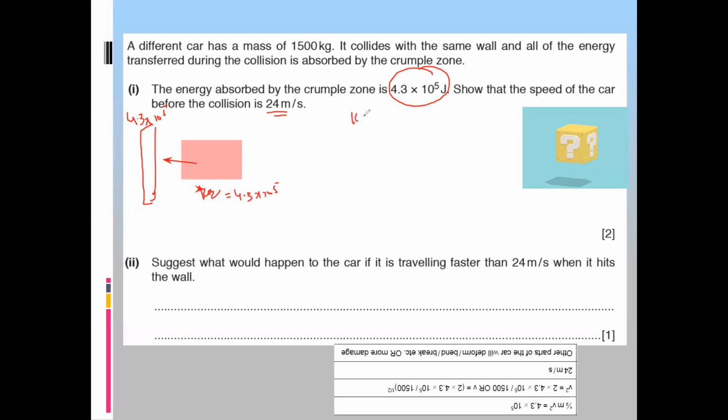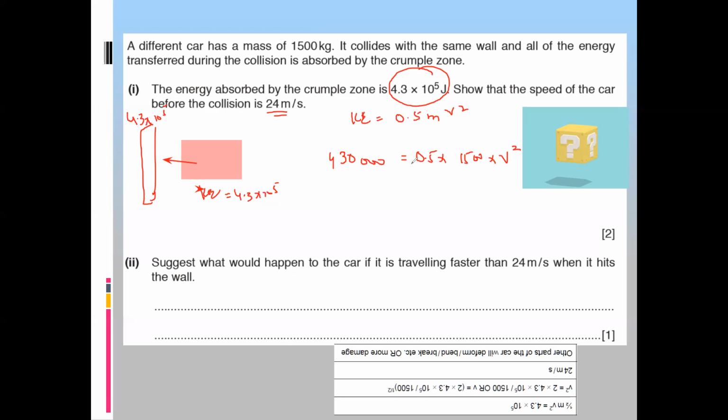So we'll use the same formula: kinetic energy of the car is 0.5 mv square. 4.3 times 10 to the power 5 means 430,000. That is 0.5 multiplied by mass 1500 multiplied by v square.